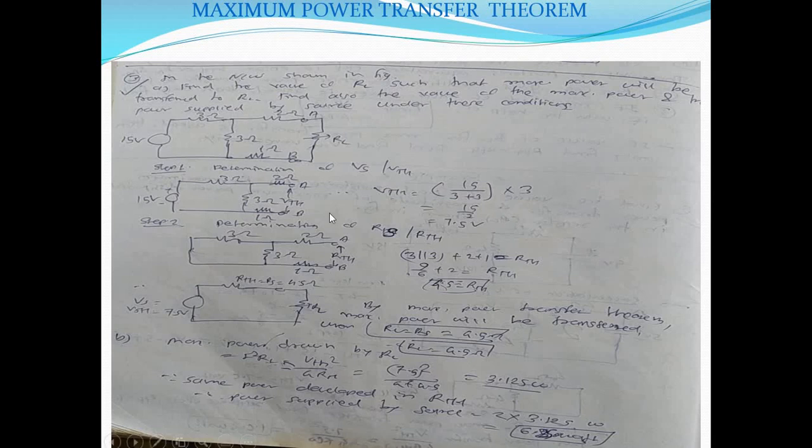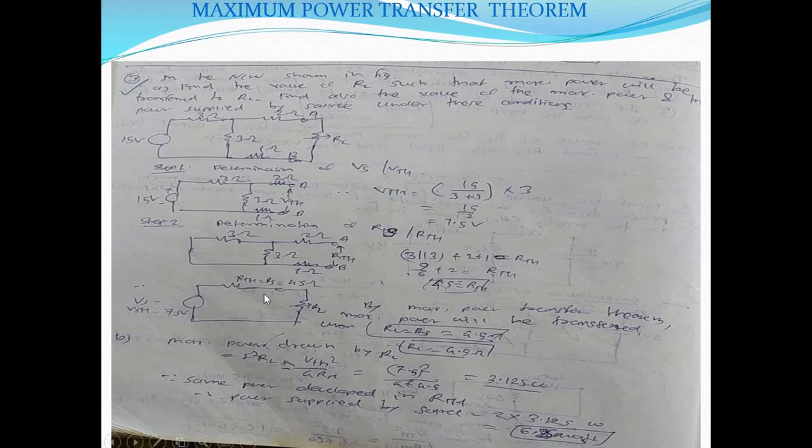So in this case, A and B are the open-circuited terminals and the voltage source is replaced by a short circuit. So it will be 3 ohm parallel with 3 ohm, and the remaining resistances are 2 ohm and 1 ohm. So solve from the opposite side. 3 ohm is parallel with 3 ohm, and that equivalent will be in series with 2 and 1 ohm, so plus 2 plus 1. So RTH is equal to 4.5 ohm.